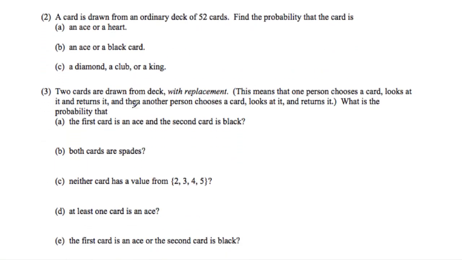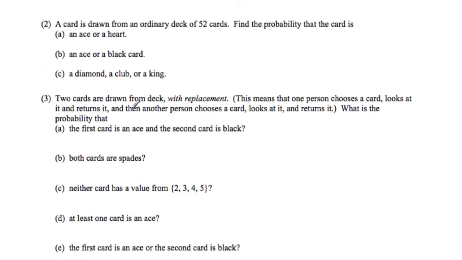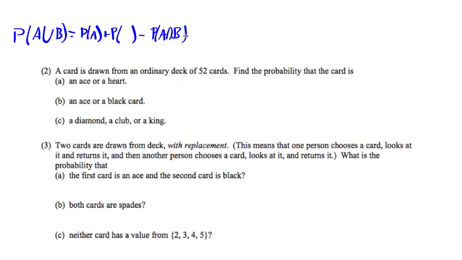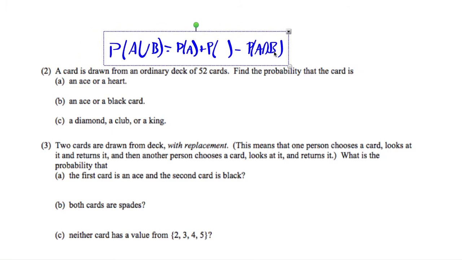Now the next set of questions here are just about these cards. A card is drawn from an ordinary deck of 52 cards. We want to find the probability that the card is an ace or a heart. So we can use that same equation that we have here.